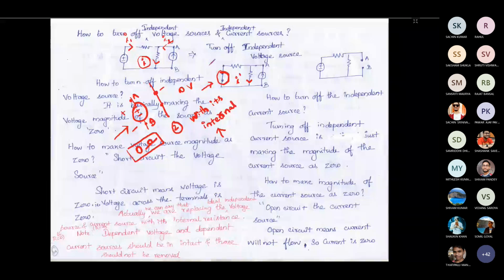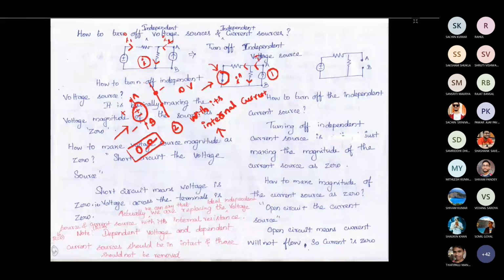Okay, we have two sources. First, we are considering this current source, so we have to turn off this voltage source, or make the voltage source value 0. So we have short circuited it. Once you have short circuited it, you find the current I dash. How can you find it? Here it is a current source. One current is coming in and it divides into two, so you can apply the current division formula.